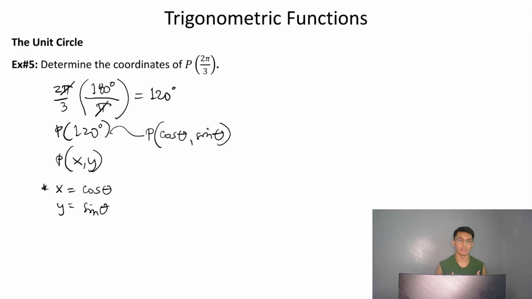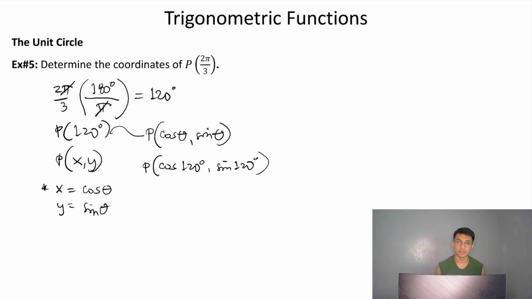And since we are given an angle of 120 degrees or 2 pi over 3 radians, yun ang hahanapin natin. We have P of cosine 120 degrees, sine 120 degrees. And since binigay ko na sa inyo kanina yung isang buong table ng lahat ng special and quadrantal angles natin, hindi na natin kailangan i-solve. Hanapin na lang natin doon.